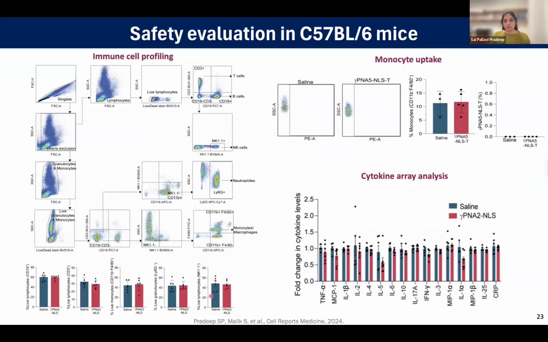We saw that there was no significant difference in these population levels between both groups. We also looked at monocyte uptake and saw that there was not much uptake in the monocytes, and we did a cytokine array analysis, and we did not observe an increase in any of the inflammatory or pro-inflammatory cytokines.